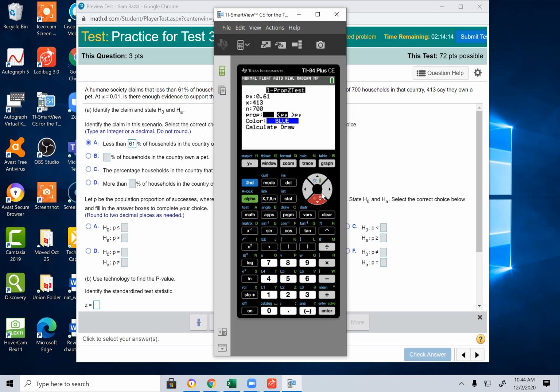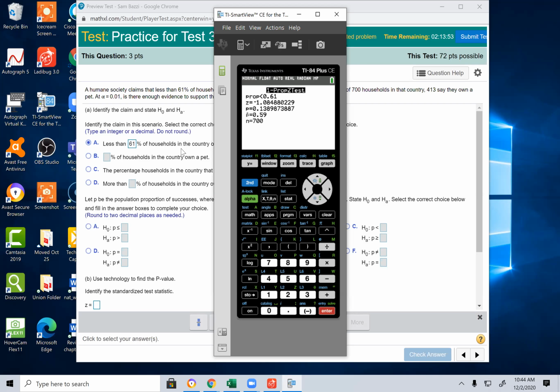And we're testing it's less than 61%. So you do the less than, guys, and calculate. Z is negative 1.08. P-value is 0.1389, and he wants us to test at alpha equals 0.01.